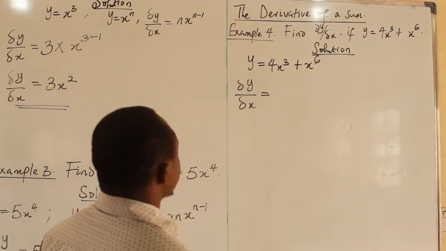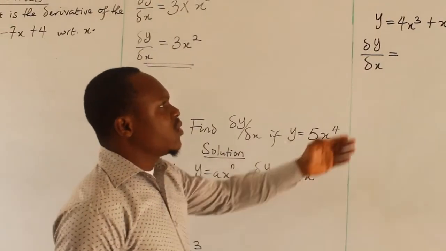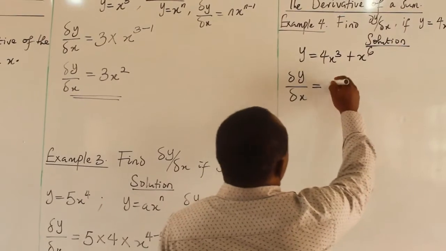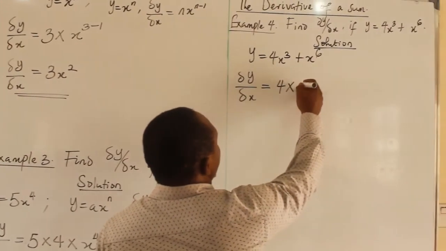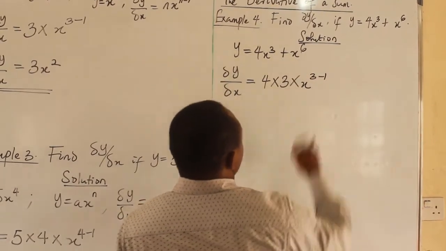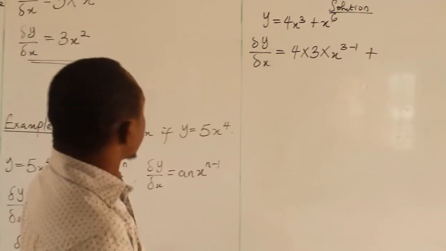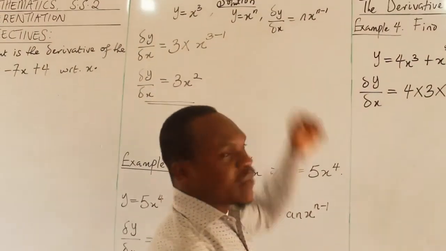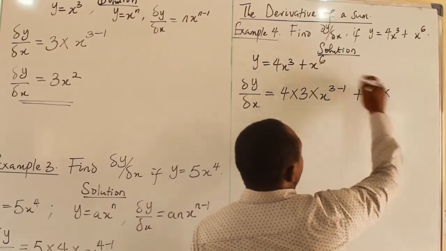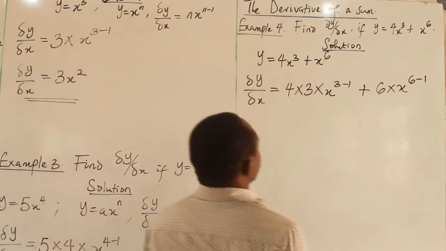So we're going to be applying this formula here, nx raised to power n minus 1, for x raised to power 3, where we have dy over dx will now be 4 multiplied by the power 3 multiplied by x raised to power 3 minus 1, plus, moving on to x power 6, we're going to be applying this formula, nx raised to power n minus 1, where our n here is 6 multiplied by x raised to power n minus 1, which is 6 minus 1.